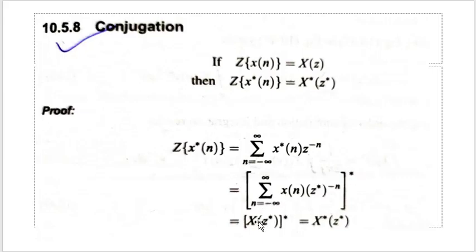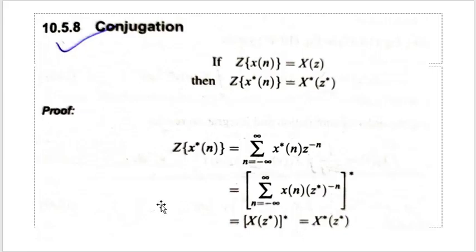That would be X of z conjugate, whole conjugate, which can be written directly as X conjugate of z conjugate. So that will be a proof.